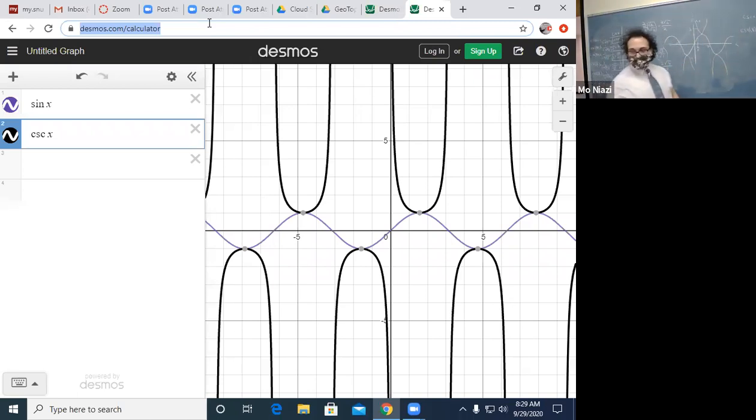And technically that value is going to be minus infinity. That's a way to think about it.